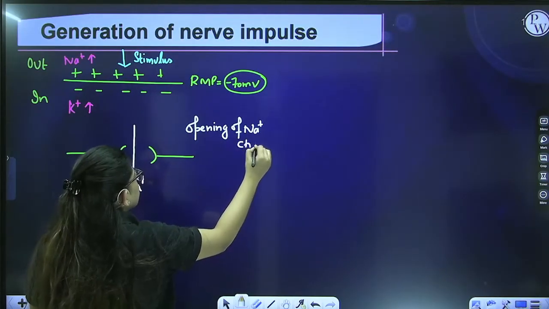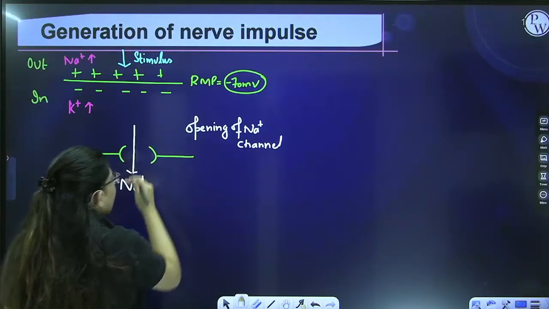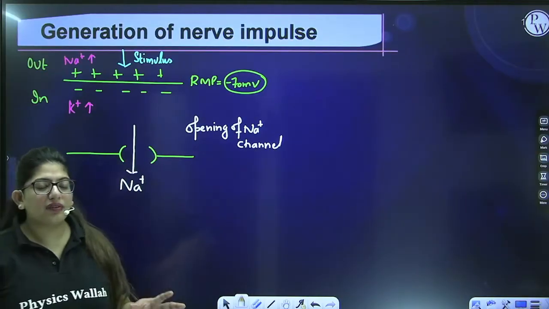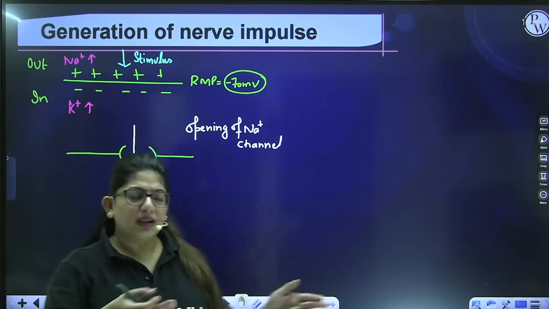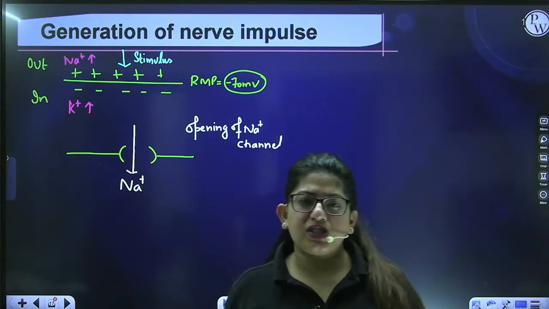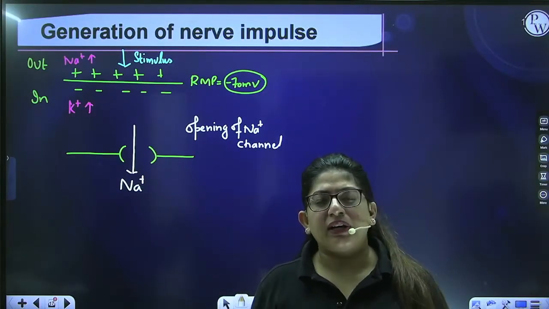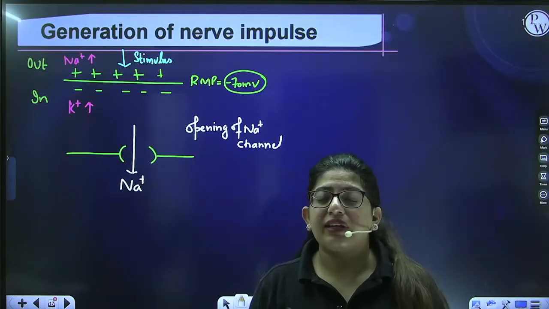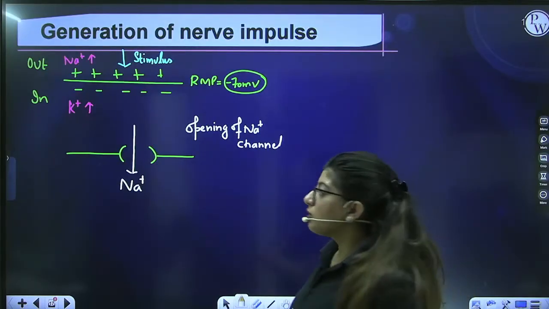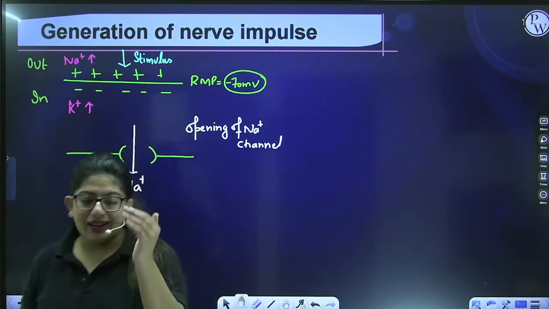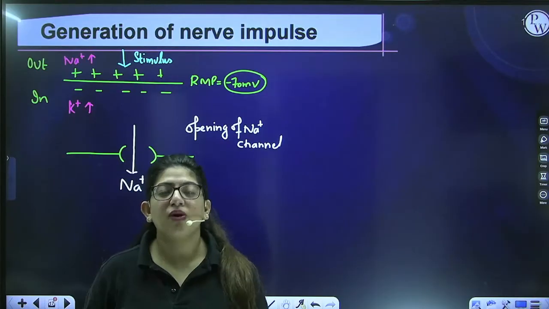One confusion you always have: ma'am, the positive charge is moving, then there should be negative charge. No, the ions are moving, the electrons are not moving. So when the sodium ions move inside, the inside of the membrane will start to become positively charged.